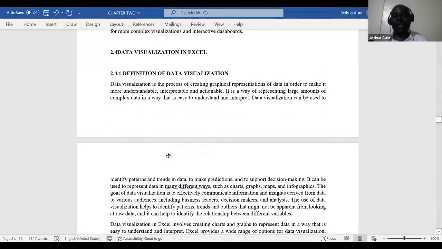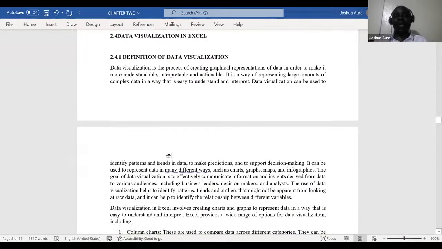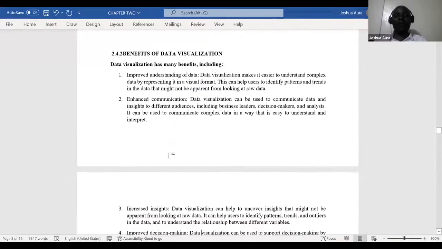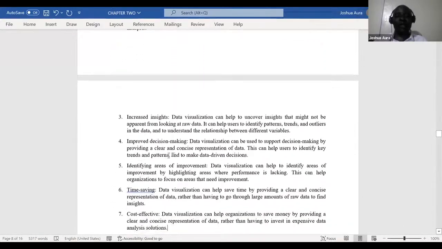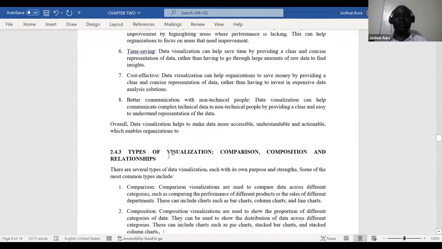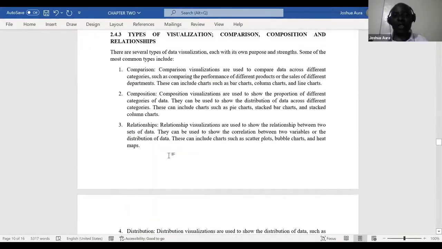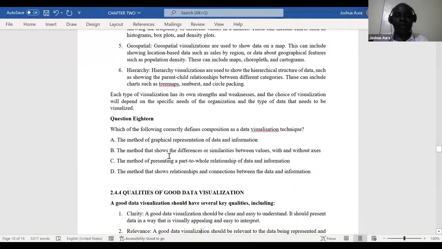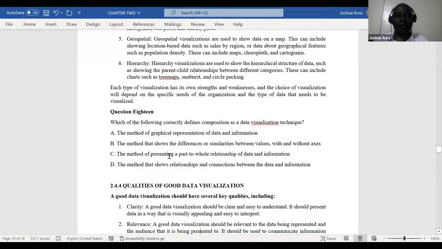We have the famous, again, data visualization. It was big in your exam. Benefits of data visualization. Types of visualizations: comparison, composition, relationships. So we have some questions there.